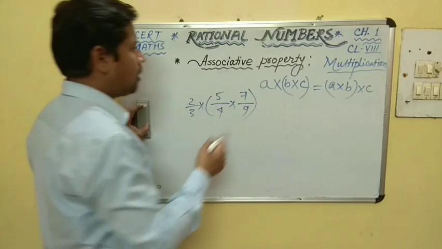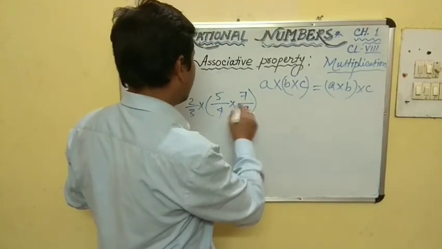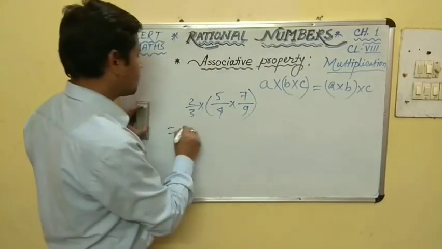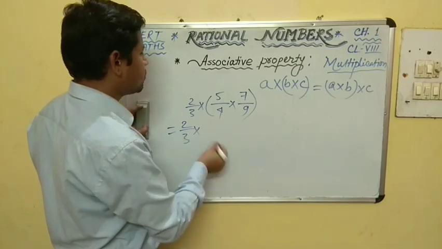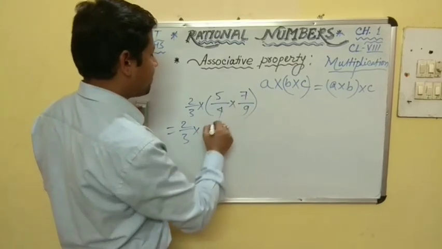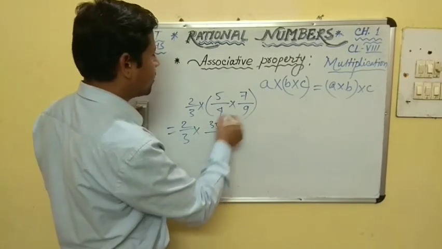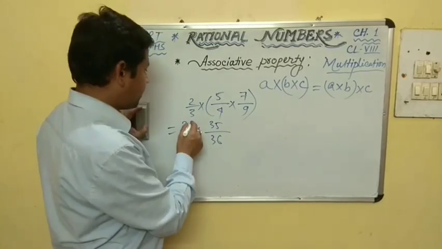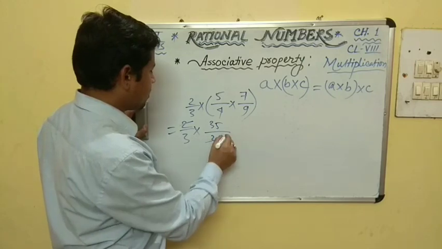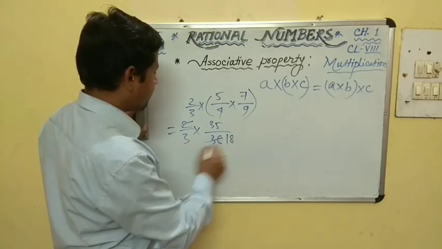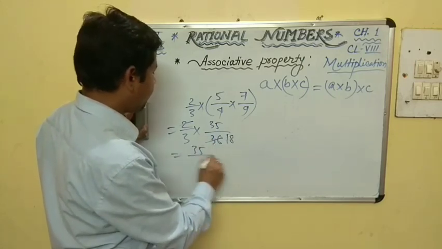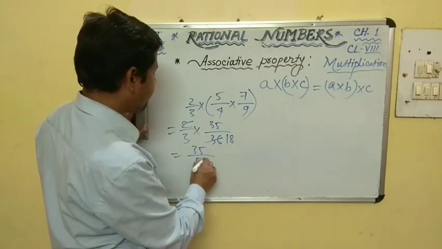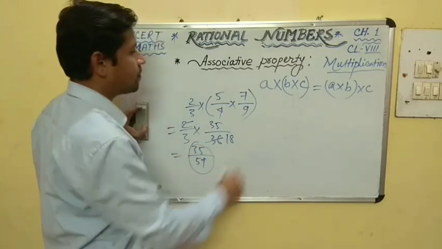So let's multiply them. What is the result? So 2 by 3 into (5 by 4 into 7 by 9): 5 into 7 is 35, 4 nines are 36. If we cancel out, it will become 18. So 35 upon 18 threes are 54. 35 upon 54 will be there.